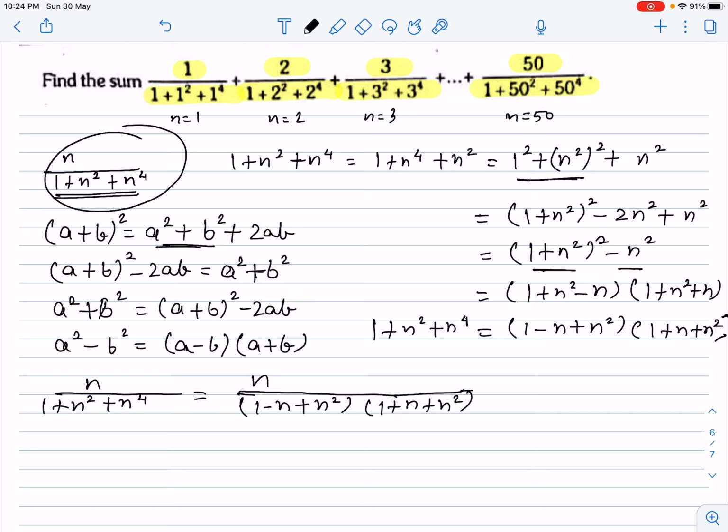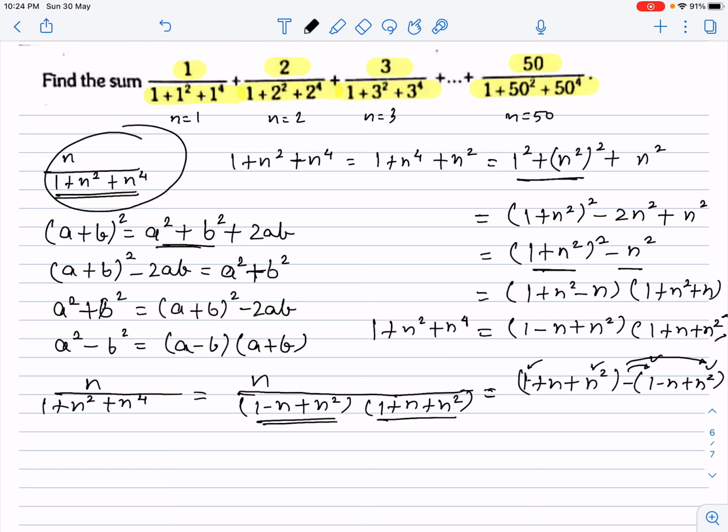Now my dear students, I told you already, the greater number minus the smaller number will be written in the numerator. So it can be written as 1 plus n square minus, with the whole in a bracket, 1 minus n plus n square. When I take this minus sign inside the bracket, minus 1 gets cancelled with plus 1 over here, and plus n square gets cancelled with minus n square.